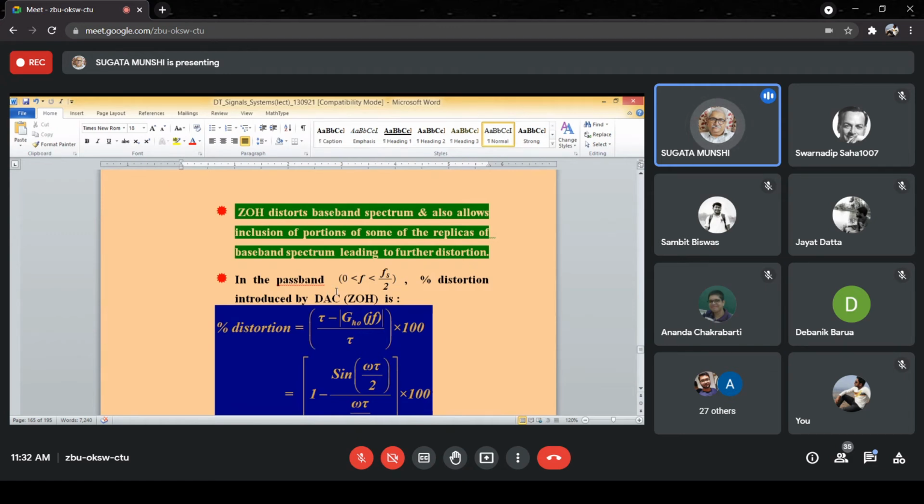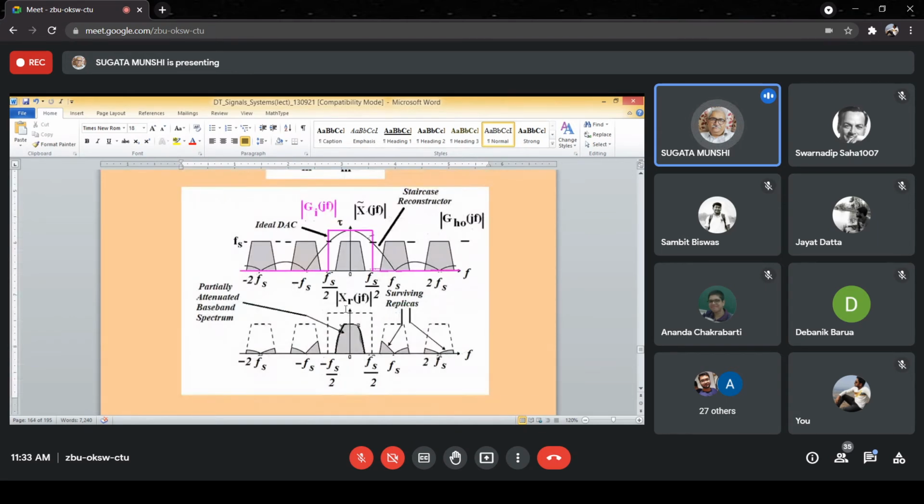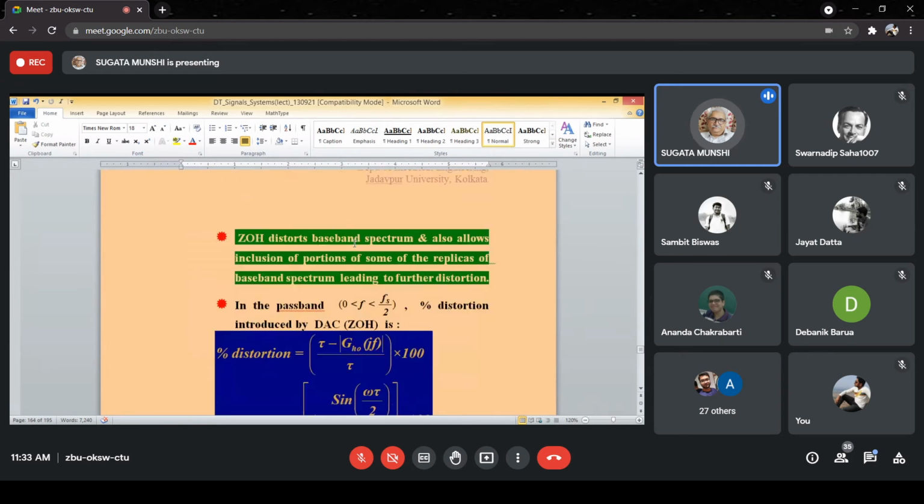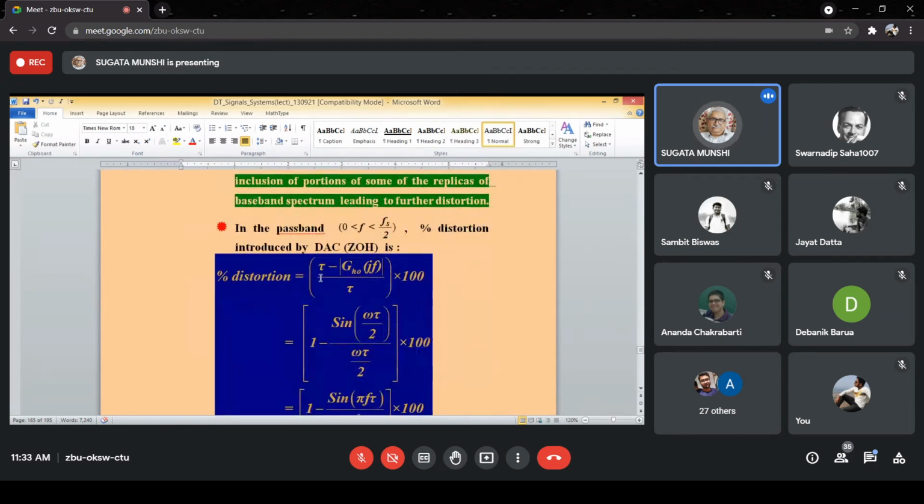Because within the passband minus fs by 2 to plus fs by 2, if it were possible to use an ideal interpolator, the gain would have been tau. Now, instead of tau, it is following the amplitude response of the zero order hold. So that's why the percentage distortion is expressed in this way.